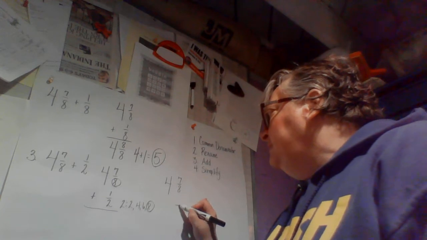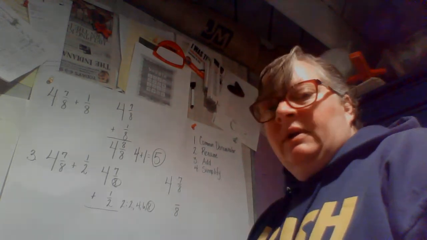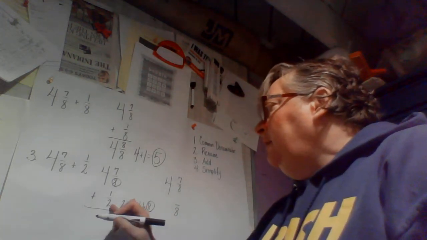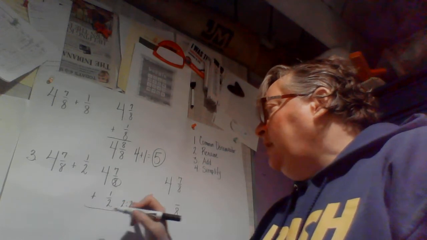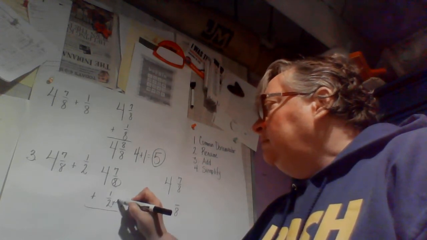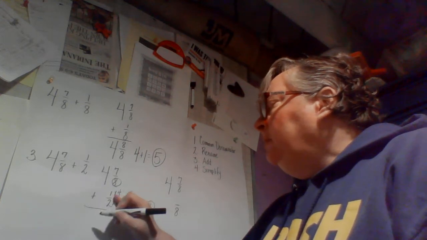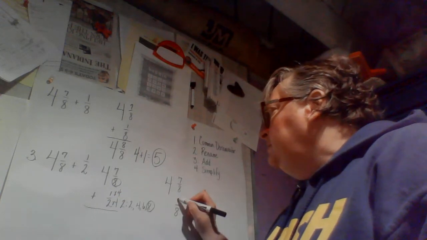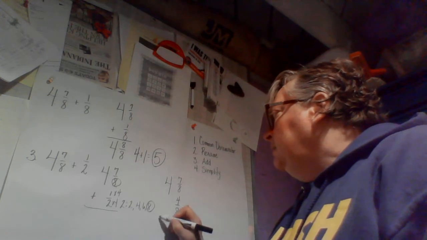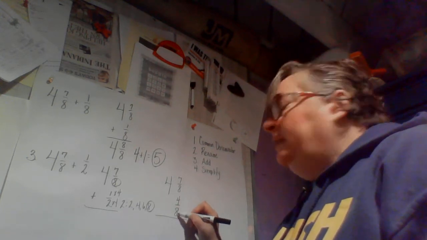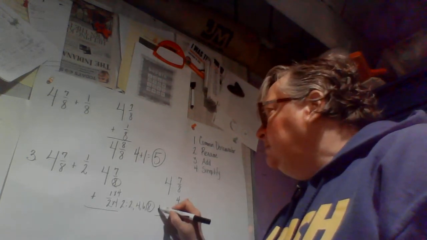This fraction is going to have the denominator of 8. How did I get 8? 2 times 4 is 8. So whatever I do to the bottom number, I have to do to the top number. 1 times 4 is 4. And that makes sense because 4 is half of 8.